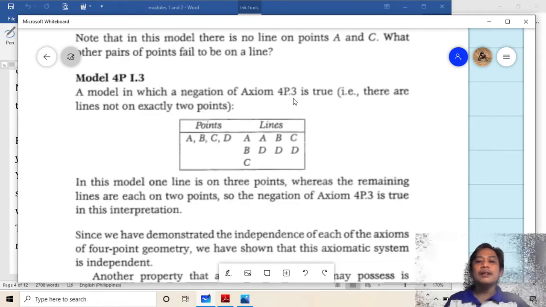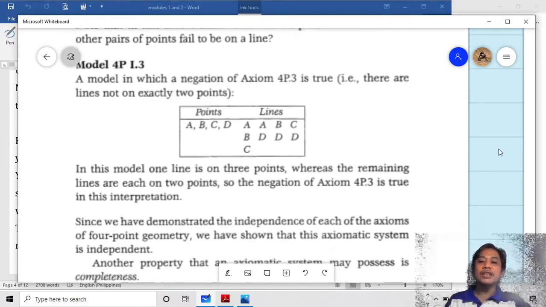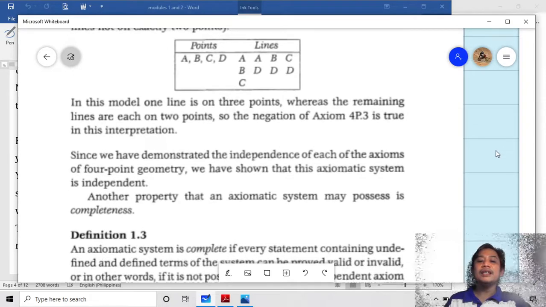Therefore, axiom 4P.3 is independent of the other 2. Now, we see that all 3 axioms are independent. Therefore, we can say that the 4-point geometry is independent.